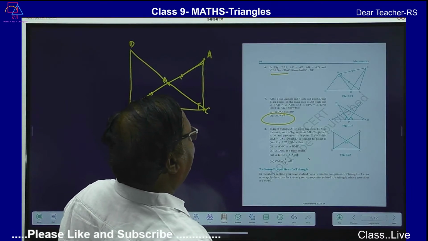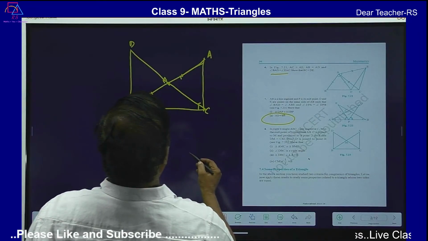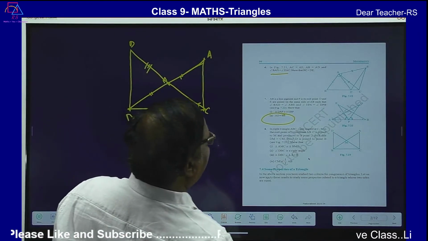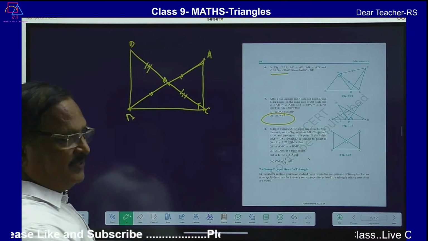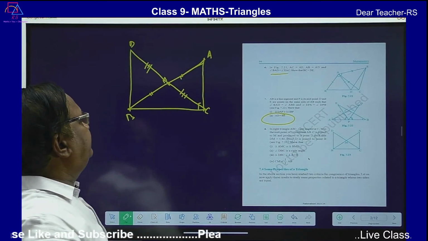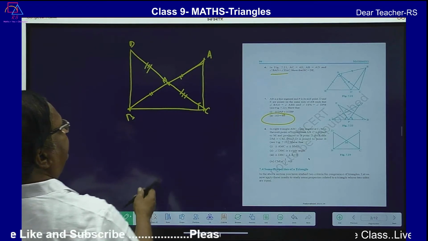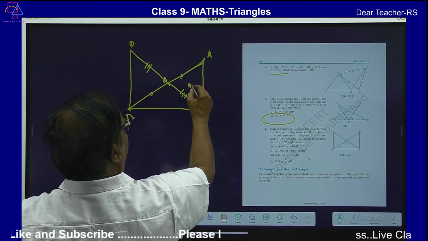Extended to D such that DM is equal to CM. I have put 3 marks, 3 marks and 2 marks. Okay, show that AMC means this one.